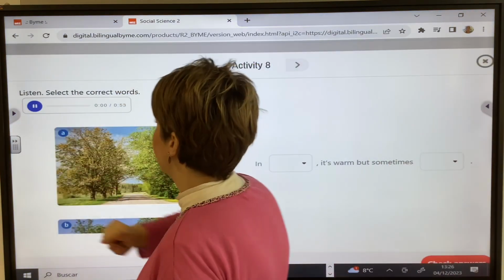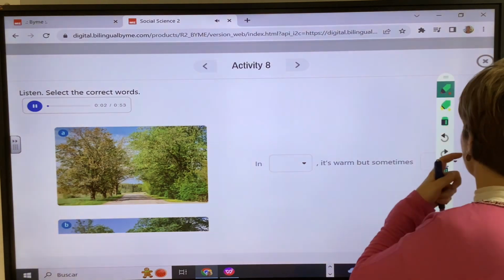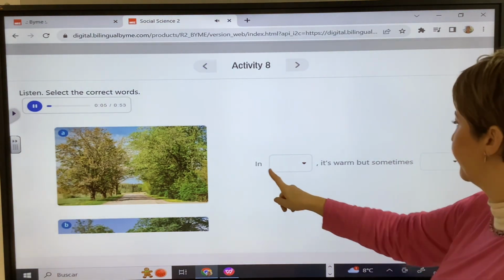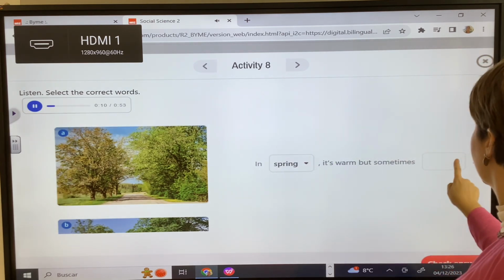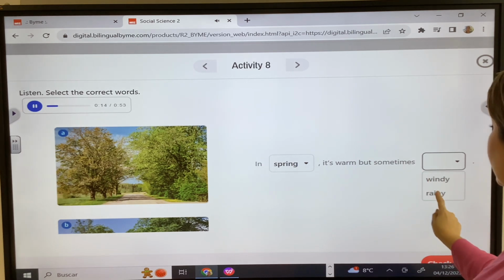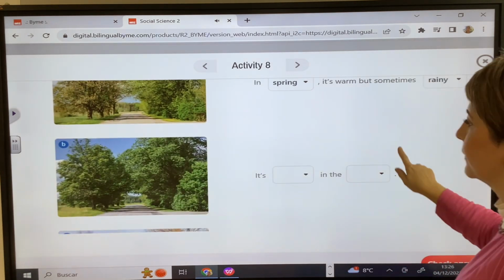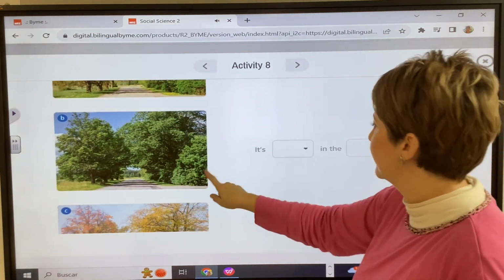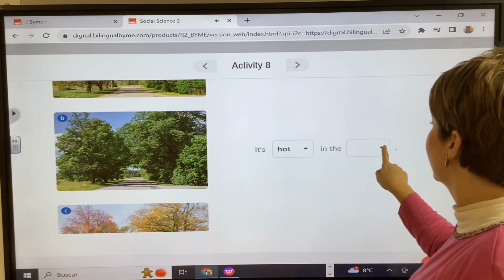Listen. A. My favorite season is spring. The trees have flowers and green leaves and it's warm, but sometimes it's rainy. B. Not me. I love summer because it's hot and we go on holiday.